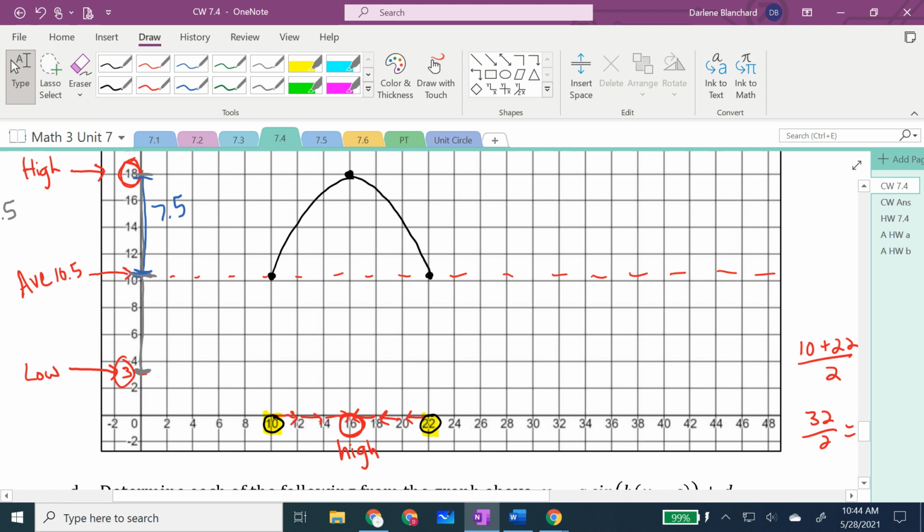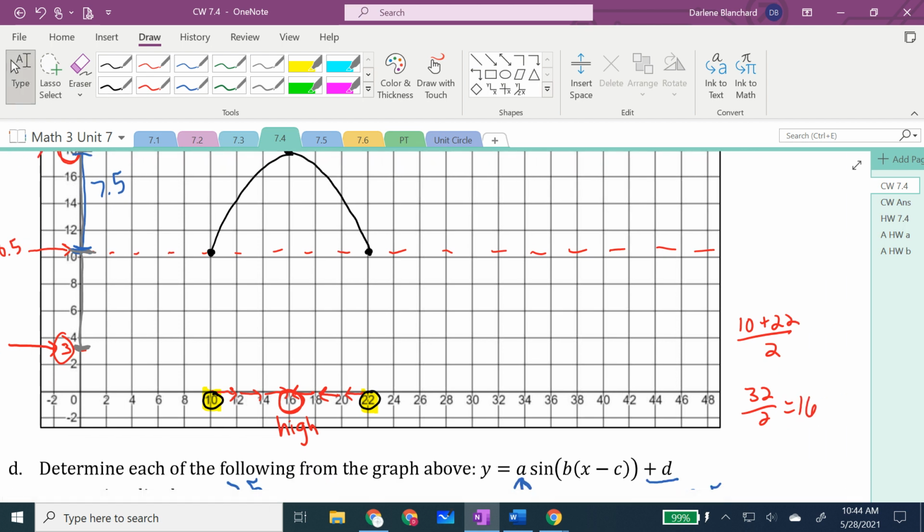And it's your choice as to which direction you would prefer to go. If it takes me from 10 to 22 to create half a cycle, then that means that 12 hours is half a cycle, so 24 hours is a full cycle. Which would make sense if I'm talking about daily or temperature throughout a 24-hour day.